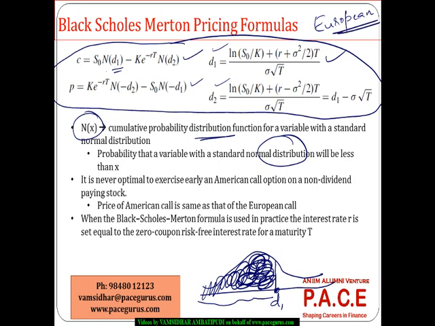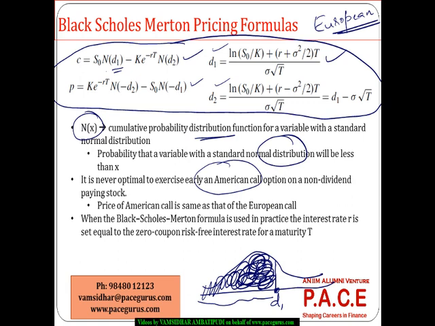But we have seen earlier that in the absence of dividend, there is literally no advantage to exercising an American call option early, which means there is no incentive for an early exercise of an American call option.